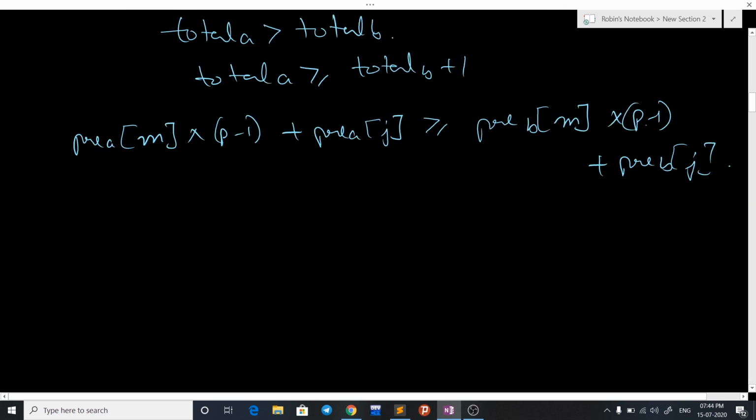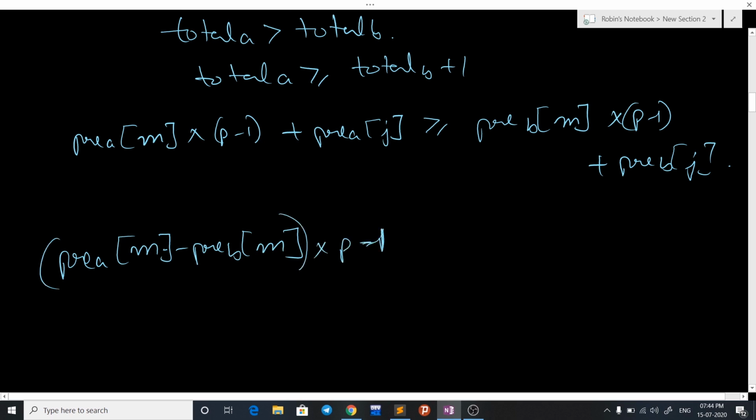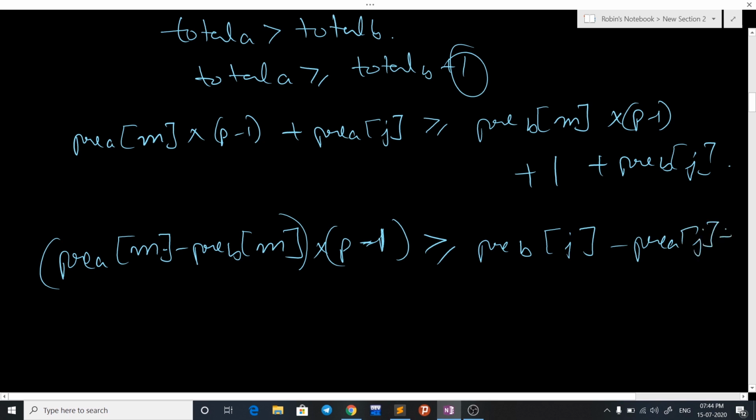Now we can see that P minus 1 is common, so we can write pre A of M minus pre B of M, multiplied with P minus 1, greater than or equal to pre B J. We also have 1 here, so I will just add 1: pre B J minus pre A J plus 1.